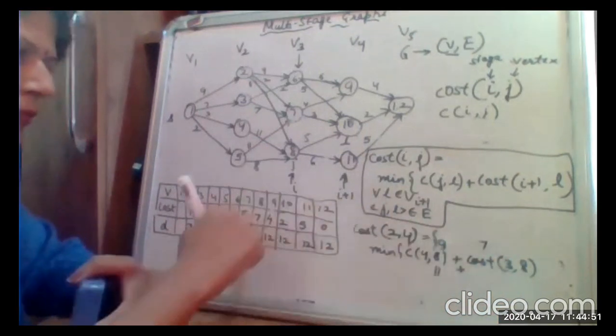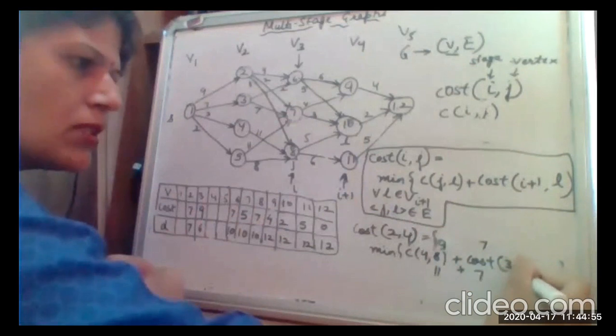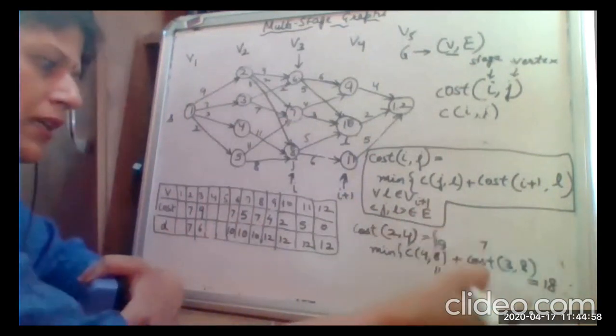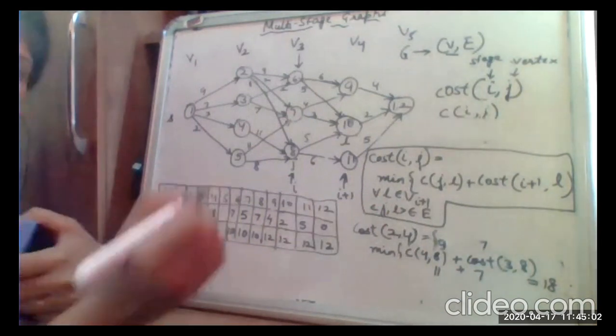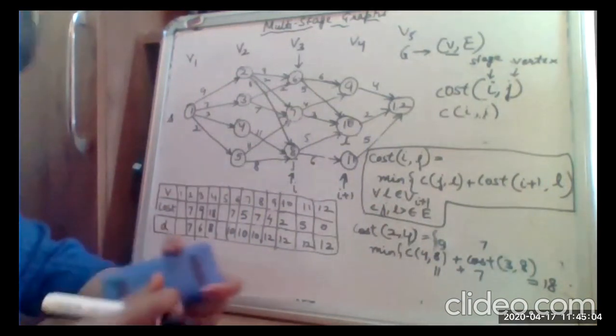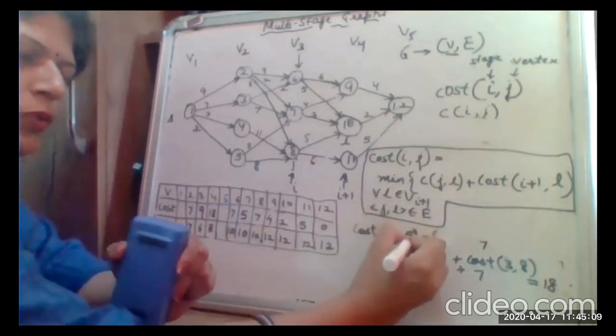And the cost of the 8th vertex was 7. So this is equal to 18, and it is only a single one. So it will remain as this only, and this is because of the 8th vertex. I hope this is clear. Yes. Let's start now work for 2 to 5.